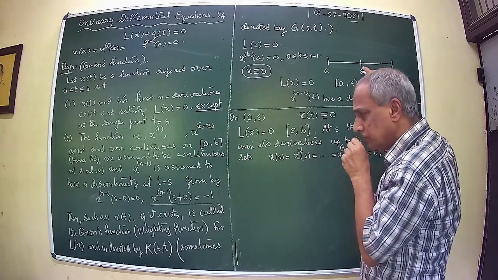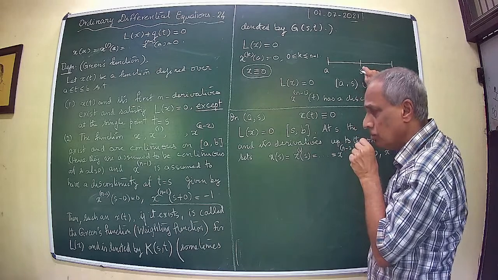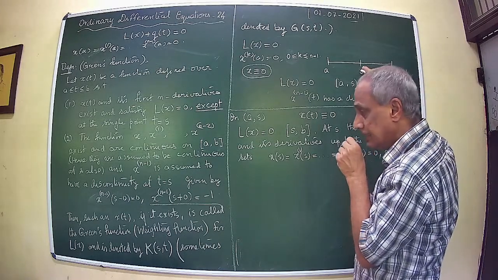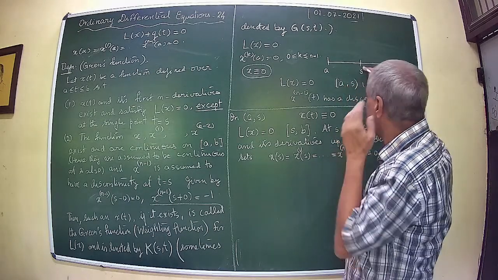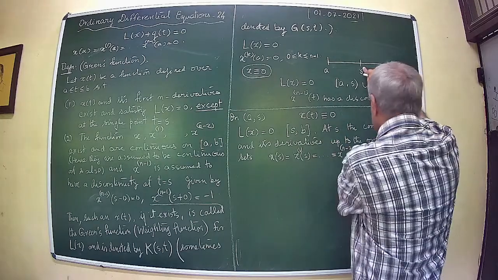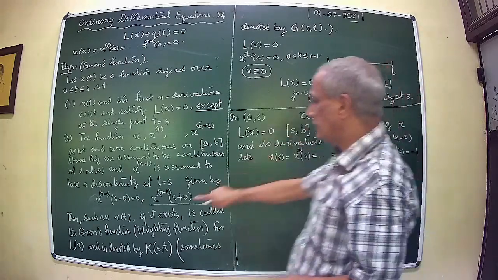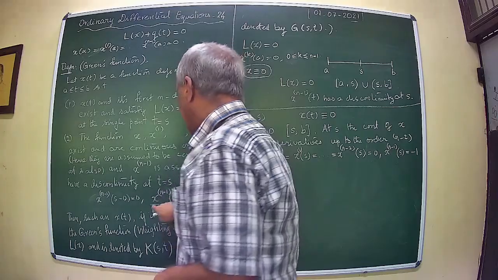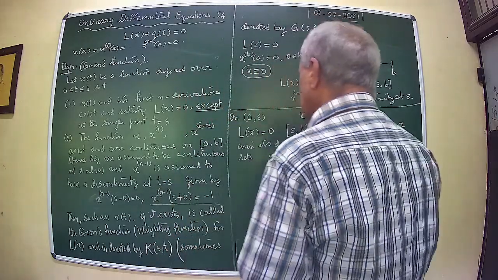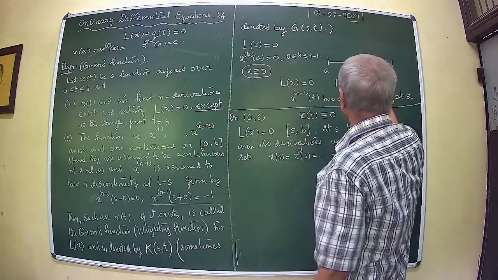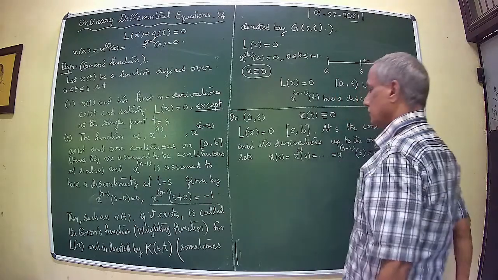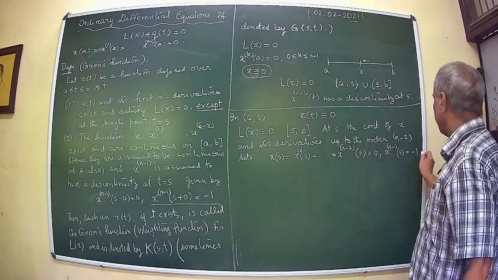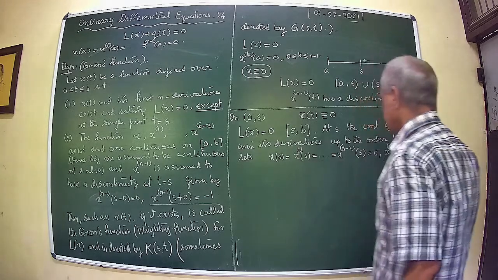The derivatives up to the order n minus 2 of x at the point s are 0. But because of this prescription, x n minus 1 at s plus 0, that means when you approach from here, is equal to minus 1. So we take this as this one.